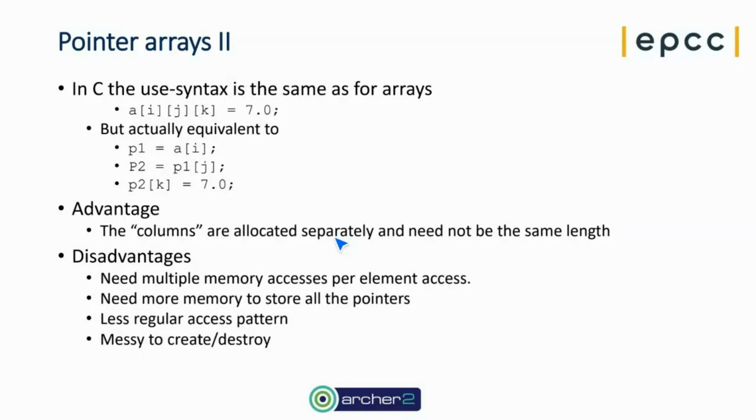This can be useful because the individual elements are all allocated separately and don't have to be the same length. So in some circumstances you can save a lot of memory by not allocating stuff that you don't need. But potentially you need multiple memory accesses per element access, and memory to store pointers, etc.